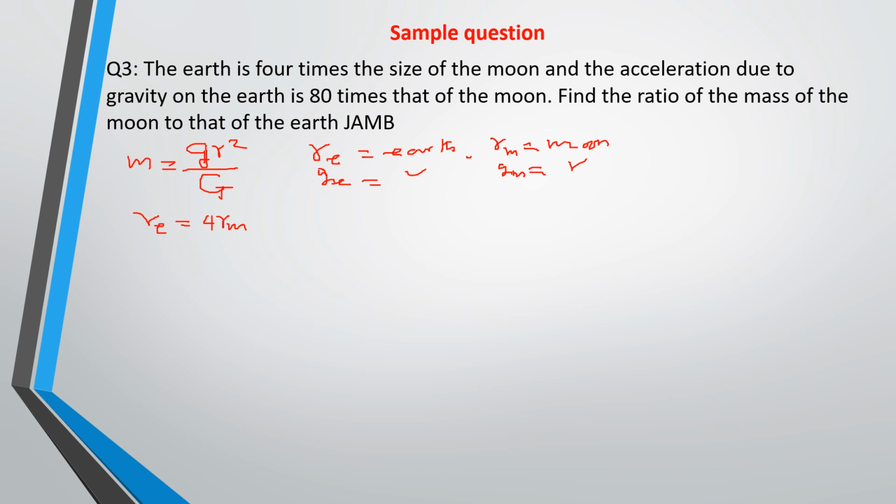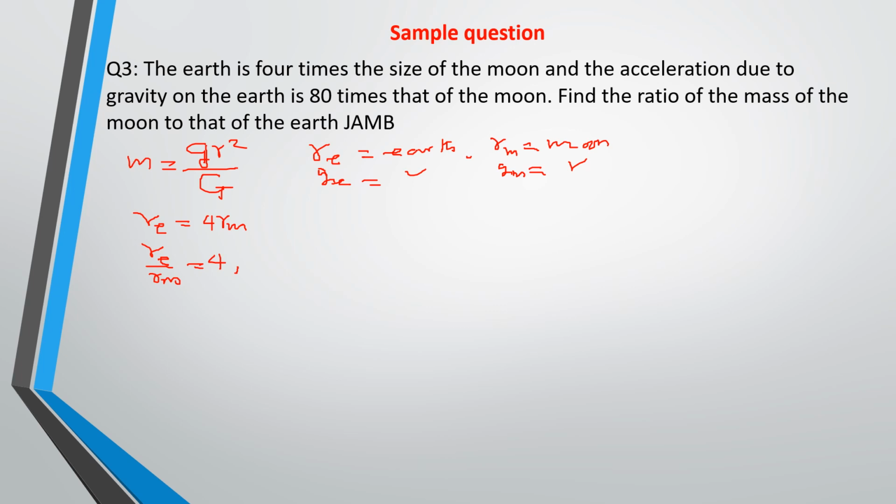That is what this statement means, and this can be written as RE all over RM equals 4. Please follow me as I try to interpret this question. Is that okay?